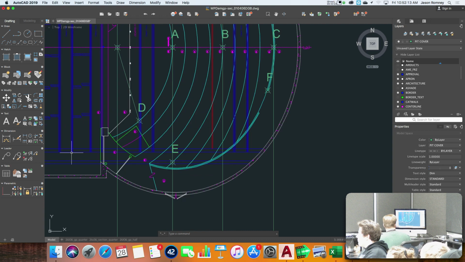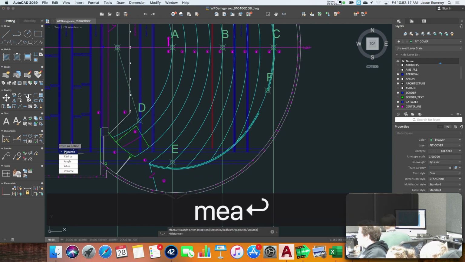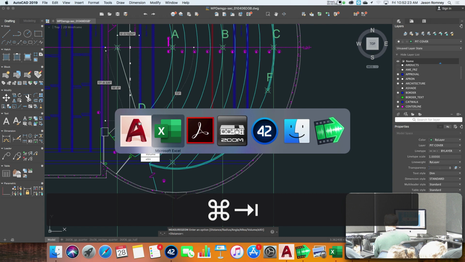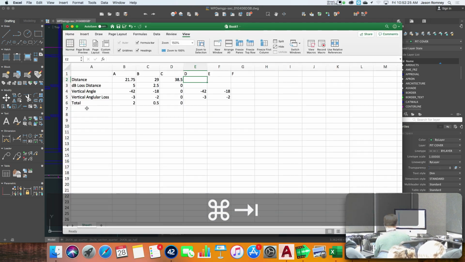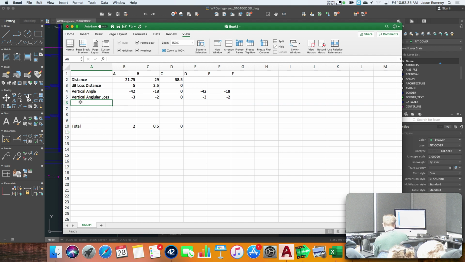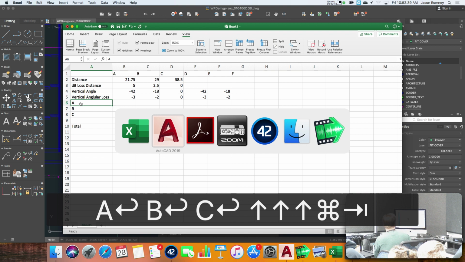So part A of my triangle is 18.5. So let me insert some rows here. Okay, so A was what? 18, I think. 18.5.